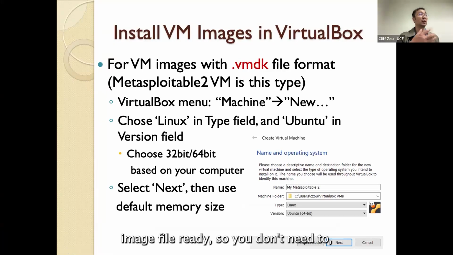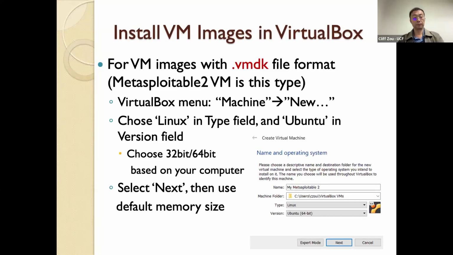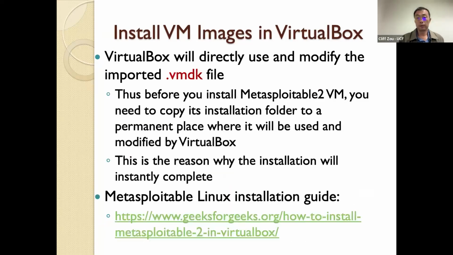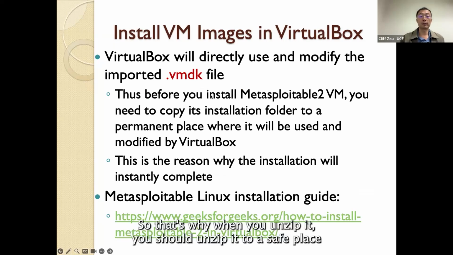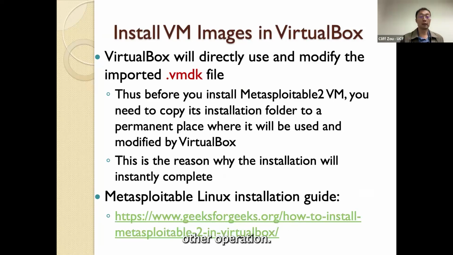You don't need to let VirtualBox create another VM image. VirtualBox will directly use and modify that imported .vmdk file. So when you unzip it, you should unzip it to a safe place, so you will not accidentally delete it in other operations.